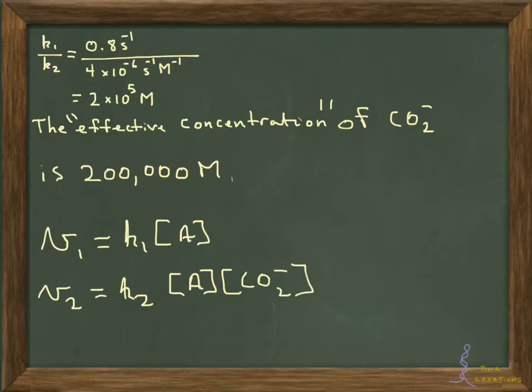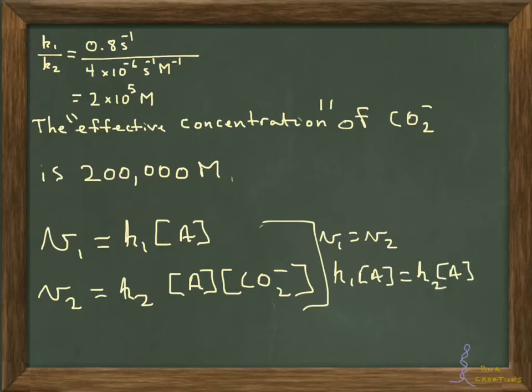And if you set them equal to each other, so that they have the same rate, then you end up with K1 times A equals K2 times A times the carboxylate concentration.